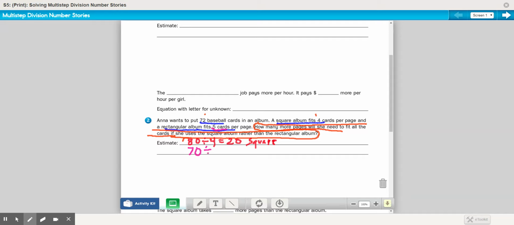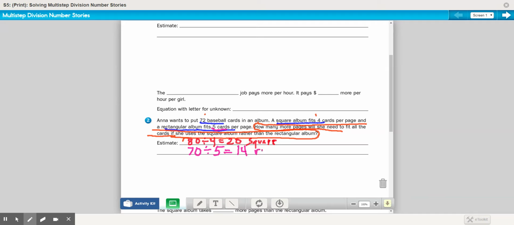I don't know how many times yet because I haven't thought about it, but 5 will go into 70. I know it'll go more than 10 times because 10 times 5 is 50. Let's see, 12 times 5 is 10 more, so that would be 60. So it must be 14. 14 times 5 must equal 70. And so that's for the rectangle.